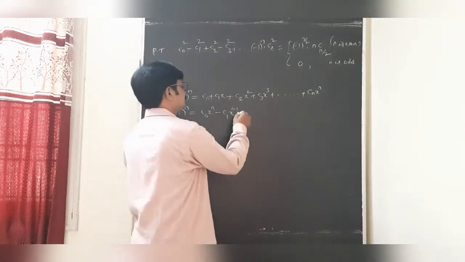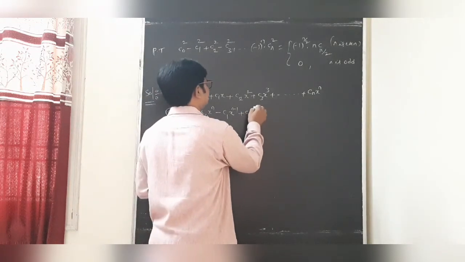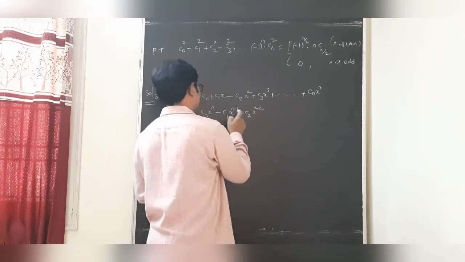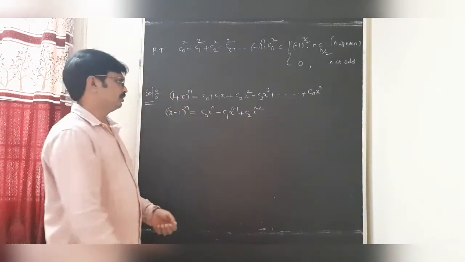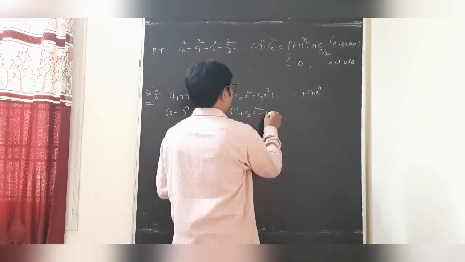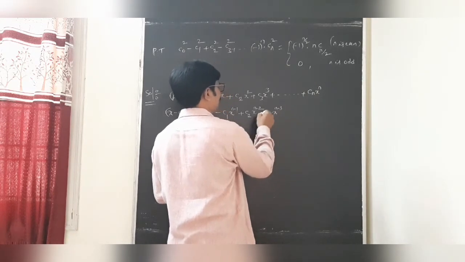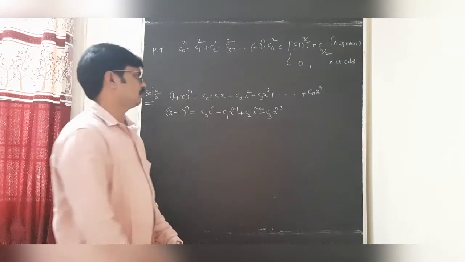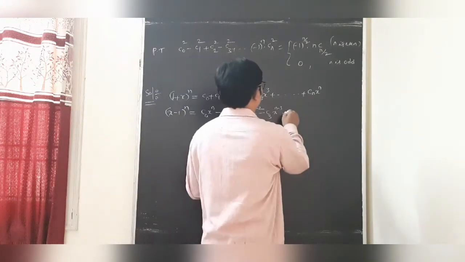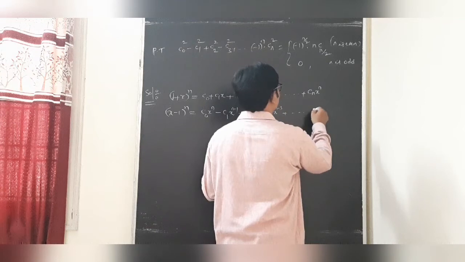After that students, C2 x power (n minus 2) into (minus 1) whole square, which is plus. Similarly C3 x power (n minus 3) into (minus 1) whole cube, which is minus, and so on students.